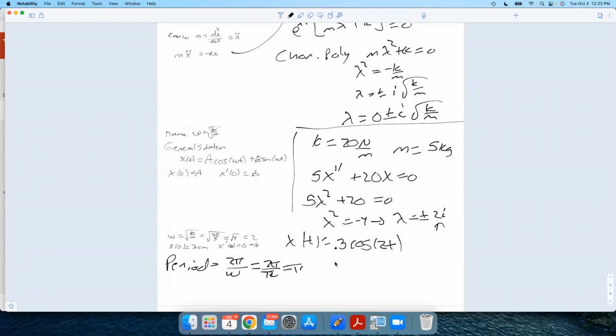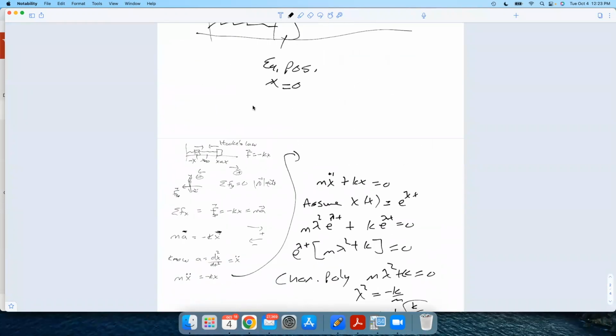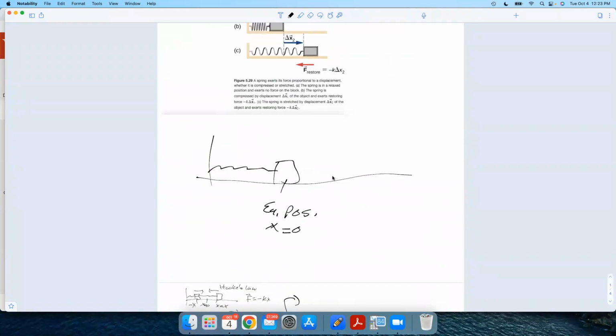So this guy is going to have a period of pi, and it's going to go like a cosine. So there's pi seconds, there's another period, 2 pi seconds. And it starts at 3 centimeters, 0.3 meters, and goes down to -0.3 meters. So this mass on a spring, if I go back to my original picture here, if I started out at 3 centimeters, it's going to bounce back and forth forever.